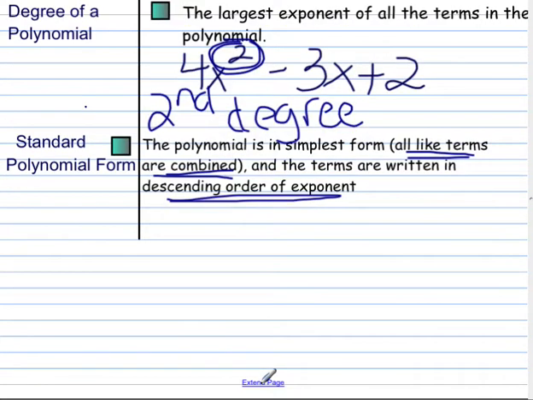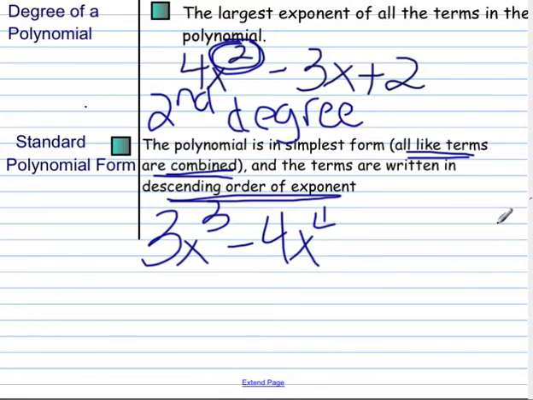So if we look up, let's write a polynomial. I'm just going to write a bunch of polynomials. 3 minus 4x to the 4th plus 2x squared minus 3x cubed. So I just wrote out a polynomial. I just made that one up off the top of my head. Now I want it to be in standard form. Okay, so for it to be in standard form, I need to combine like terms.